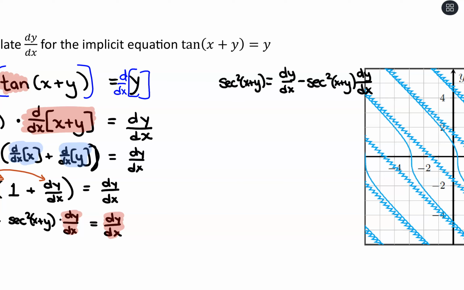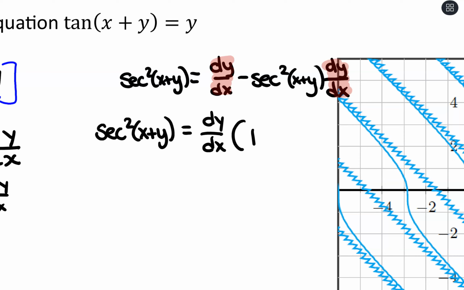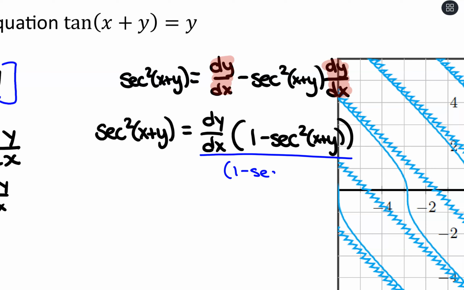Now why we want to do this is once we get them on the same side of the equation, we can factor it out, just like we would factoring out a variable. So we would have that secant squared of x plus y on the left-hand side equals factor out dy dx, and we would be left with a 1 minus secant squared. And now what we can do is divide away that 1 minus secant squared.